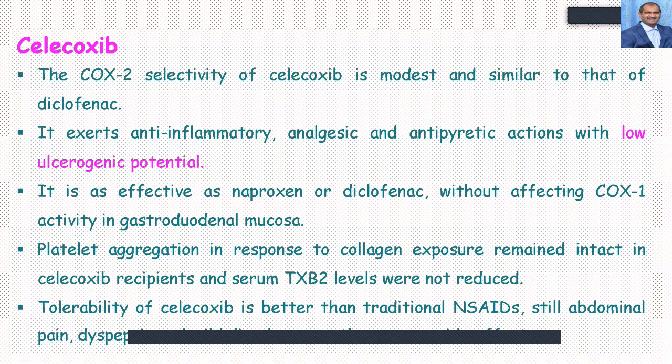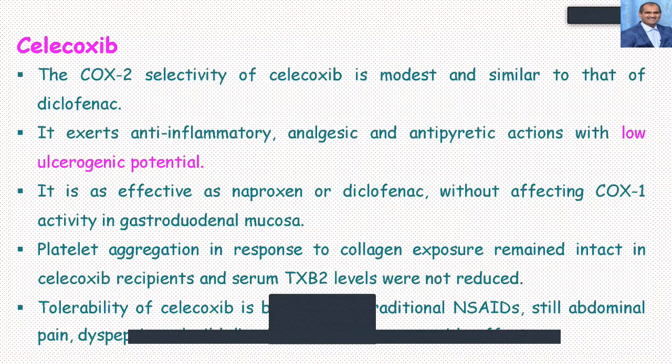One of the classical agents of this category is celecoxib. The COX-2 selectivity of celecoxib is modest and similar to that of the other drugs. It exerts anti-inflammatory, analgesic, antipyretic actions with very low anti-ulcerogenic potential.